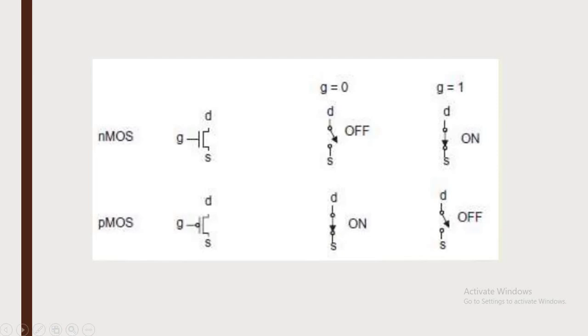But the PMOS is totally opposite of the NMOS. Here we can see there is a little bit of a knot in the diagram. Whenever we apply high voltage to the gate, the knot inverts this high voltage, so the drain and source will be open circuited, and whenever the gate is 0, or low voltage is applied at the gate, the drain and source become short circuited.